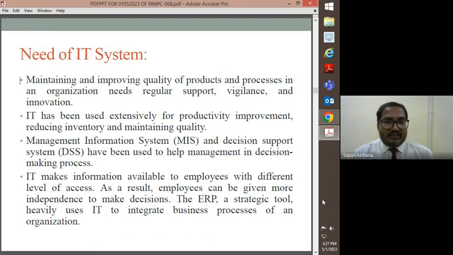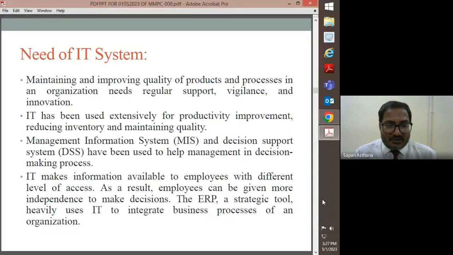Need of the IT system: maintaining and improving the quality of the product and processes in an organization needs regular support, vigilance, and innovation. IT has been used extensively for productivity improvement, reducing inventory and maintaining quality, and management information systems and decision support systems have been used to help management in the decision making process.